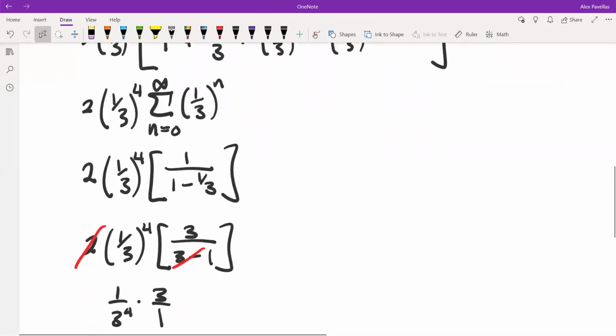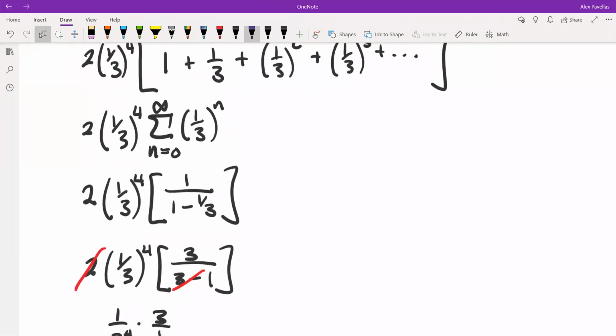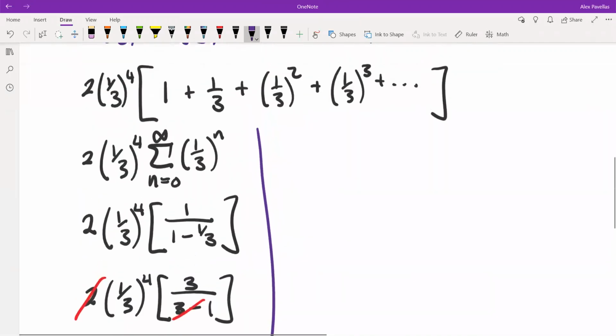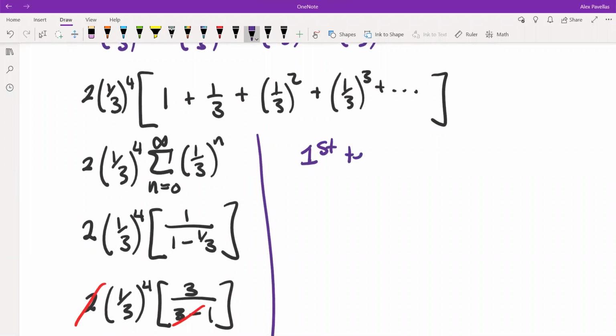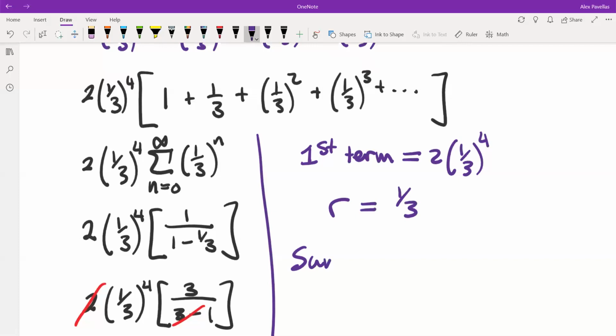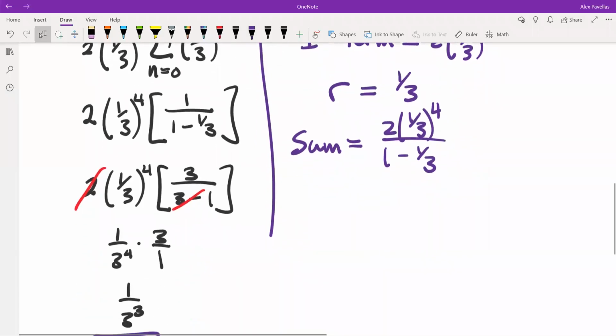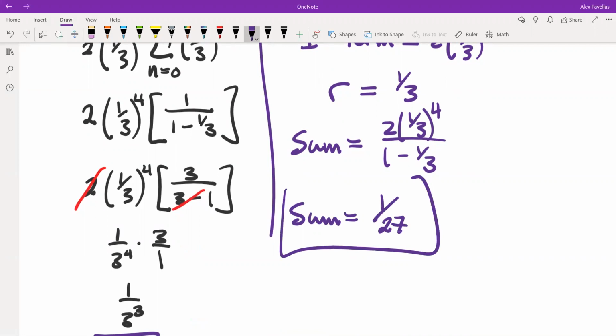So if we equivalently use the formula first term over 1 minus r, the first term was 2 times 1/3 to the 4th, and then the r was 1/3, and then our sum would be 2 times 1/3 to the 4th over 1 minus 1/3, which, as we saw before, simplifies down to 1 over 27.